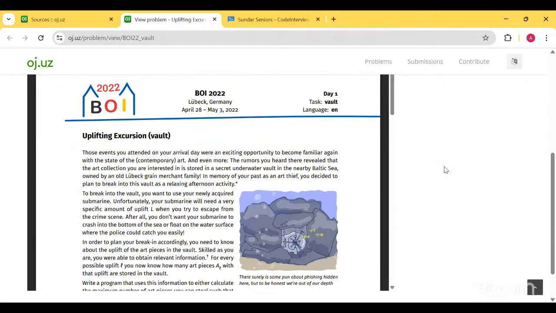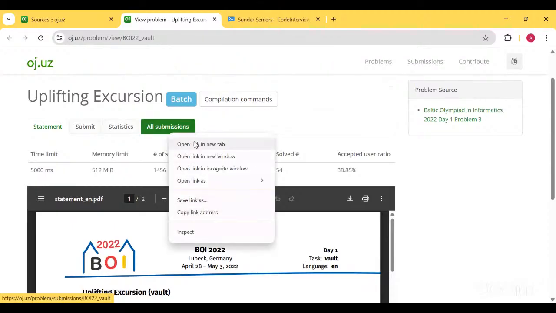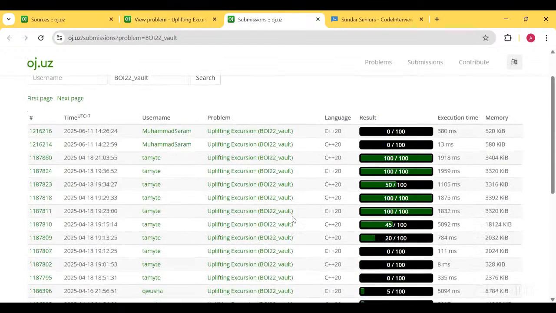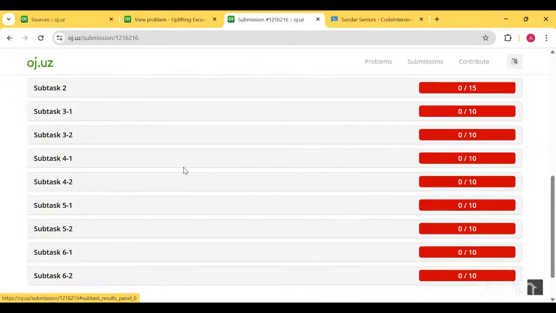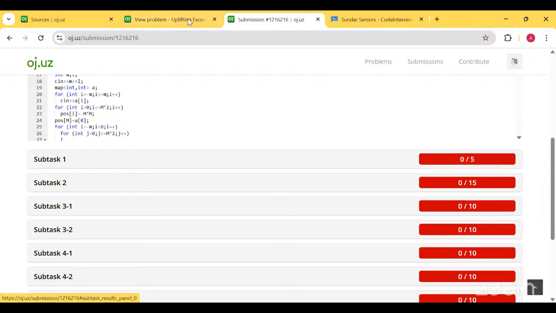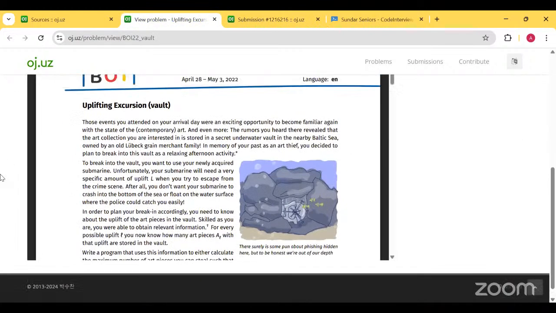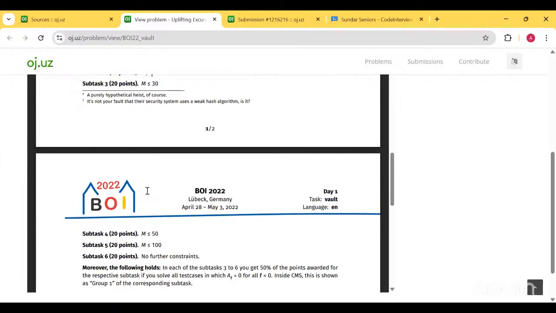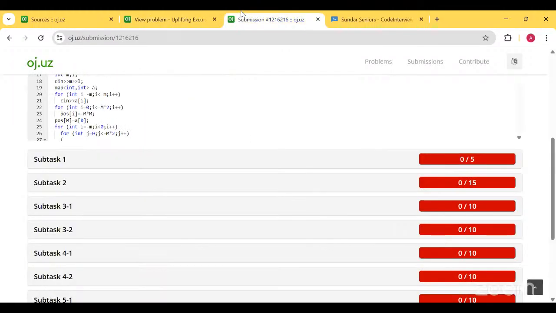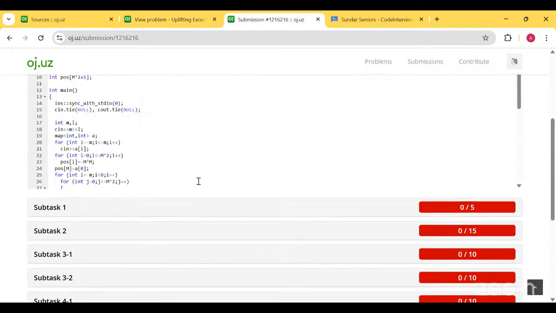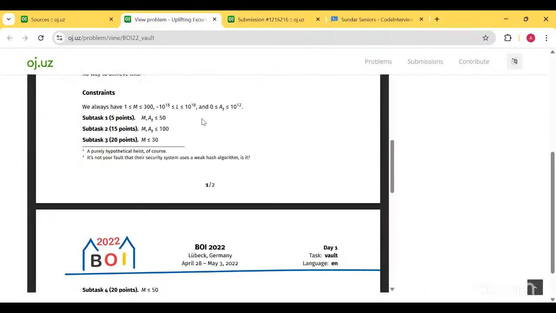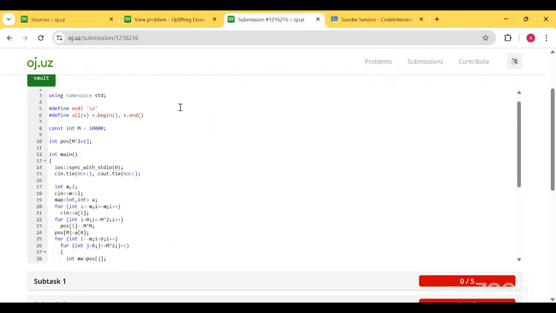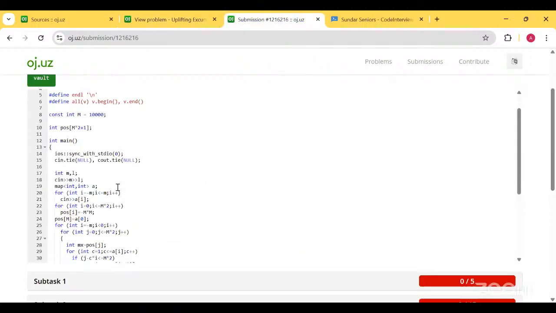And Saram tried to attempt using knapsack, right? But why is it a wrong answer? Do you have any idea why this is a wrong answer?